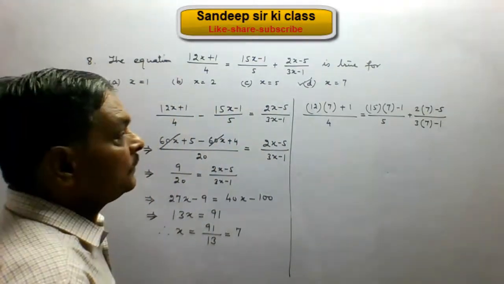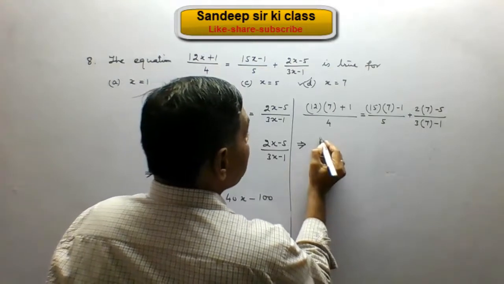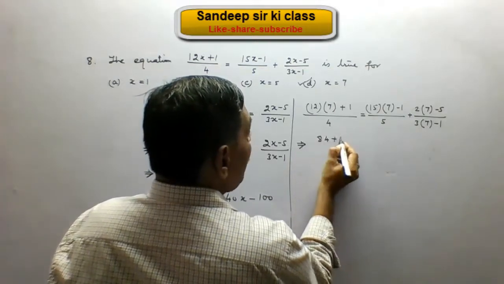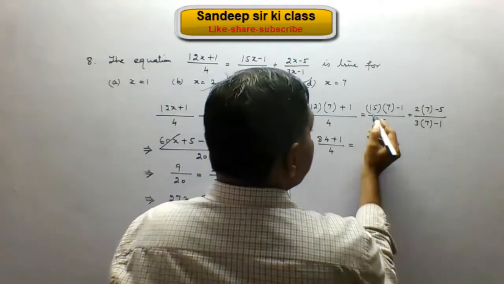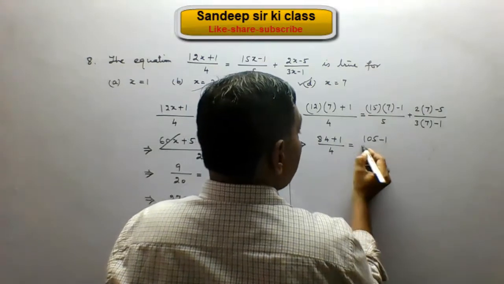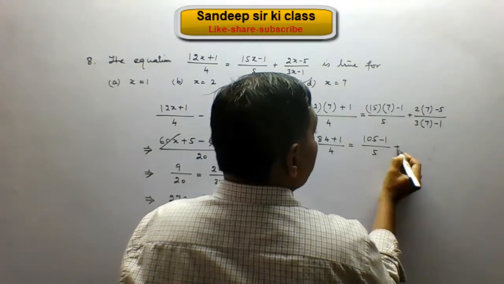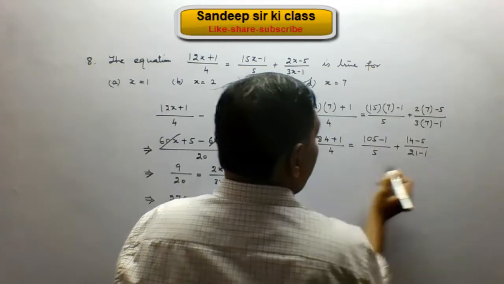Now we simplify it. This gives us 84 plus 1 upon 4 on the left hand side. Right hand side is 105 minus 1 upon 5 plus 14 minus 5 upon 21 minus 1.